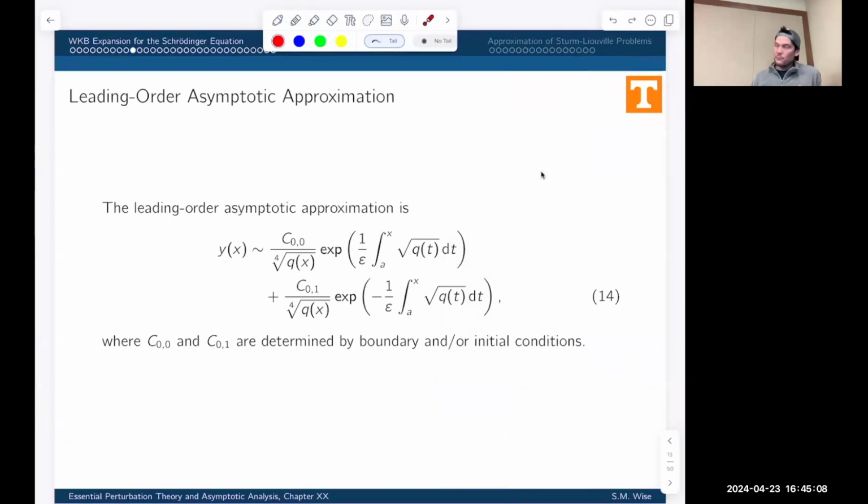Okay, so does everyone see the structure where everything's coming from? What we're saying is that basically another way of writing this, or what we expect, is to say y of x equals all of that stuff down below, plus big O of epsilon.